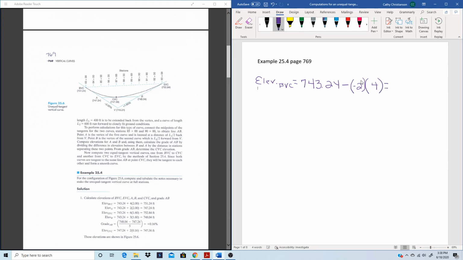So negative and negative makes a positive. So as you see, they actually put the length of the curve times the grade, and they just knew they were going up on a 2% if they were looking from V back to BVC. But typically the grades come from the beginning vertical curve to the V, and then the V to the end vertical curve. But if you always put a minus there, the signs will work out.